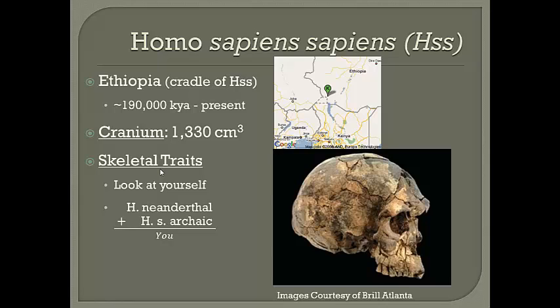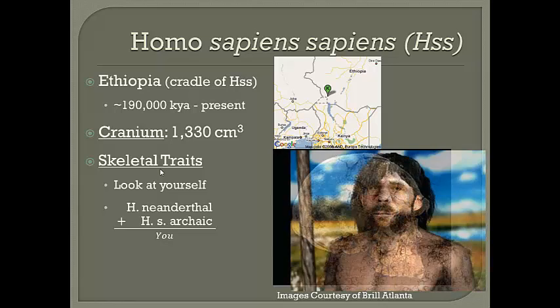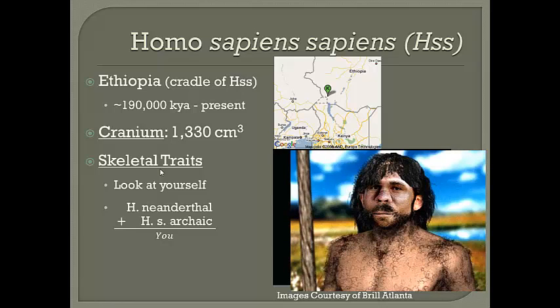One of the things I find really fascinating is that we are a product of the mixing of Neanderthal and Homo sapiens archaic genes. Isn't that bizarre? I mean, this is us, and we're, well, maybe not with that much hair, but yeah, this is us. It's a mix of Neanderthal and archaic Homo sapiens.